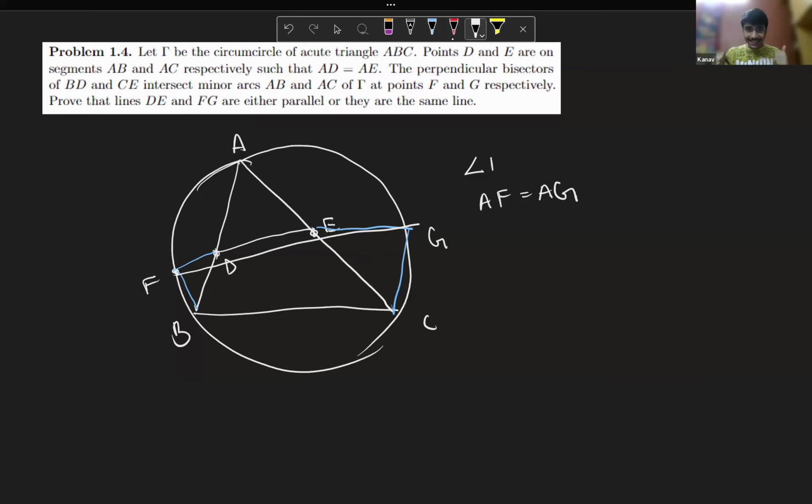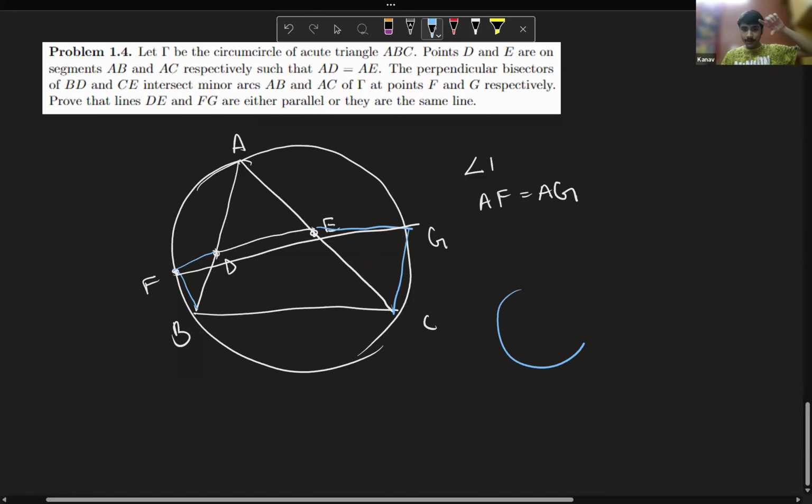Now, the key idea is that whenever you have a circle, one point, and a segment like this, always extend it to meet the circumcircle. Just always do it.